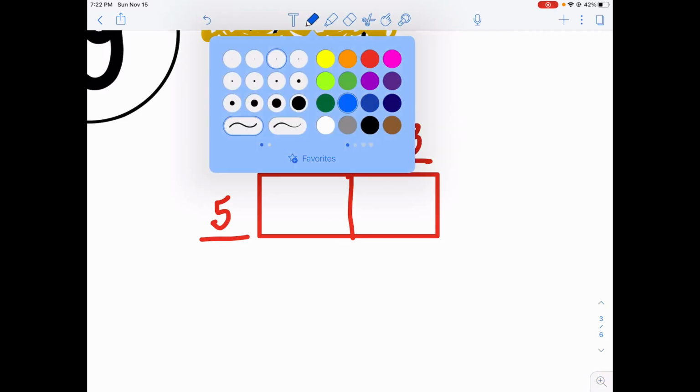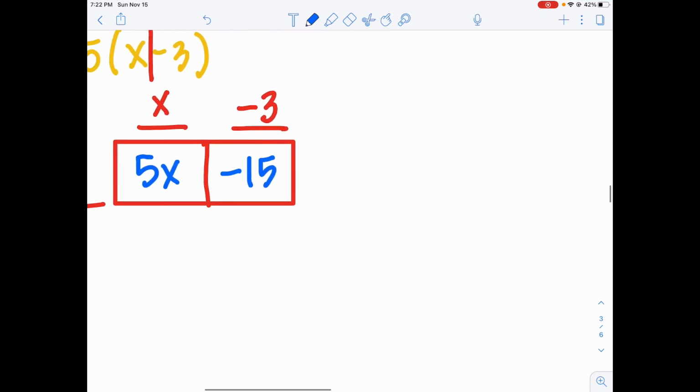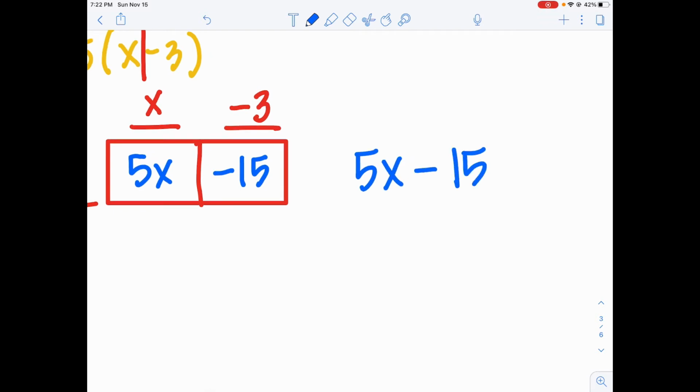Now I'm going to multiply to get what goes inside my boxes. 5 times x, 5x. 5 times the -3 is a -15. Write my expression off to the side. 5x minus 15, and that is my answer.